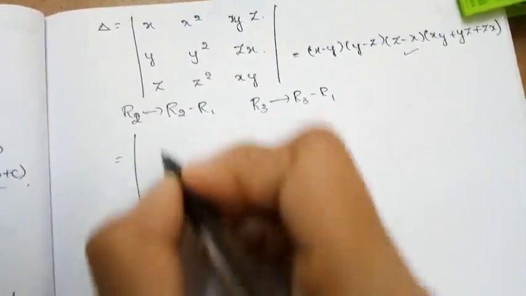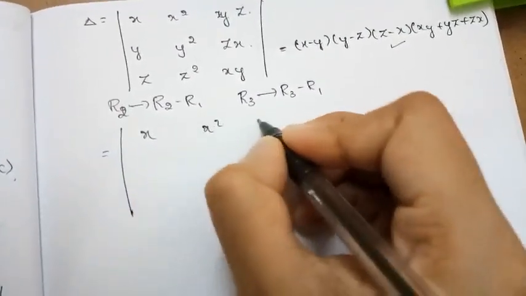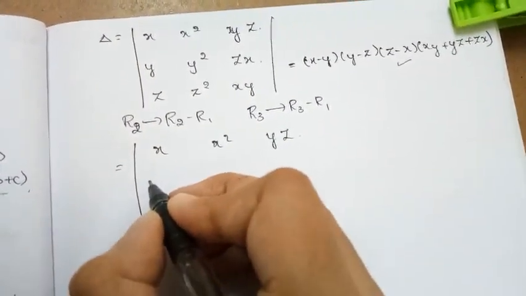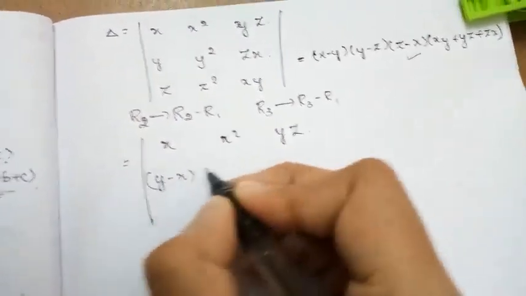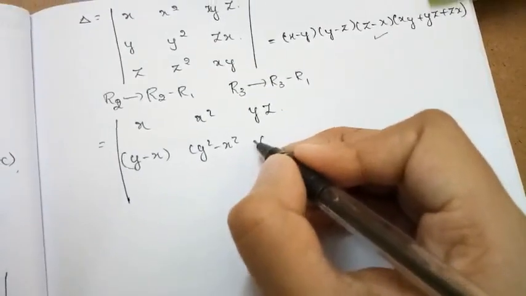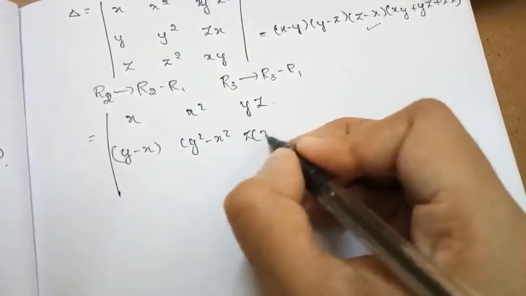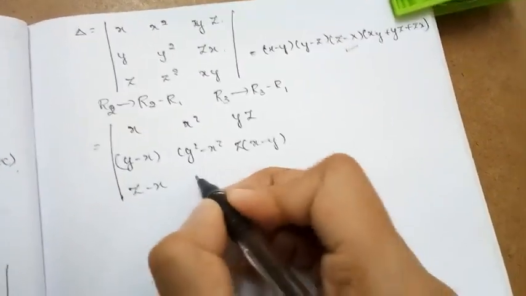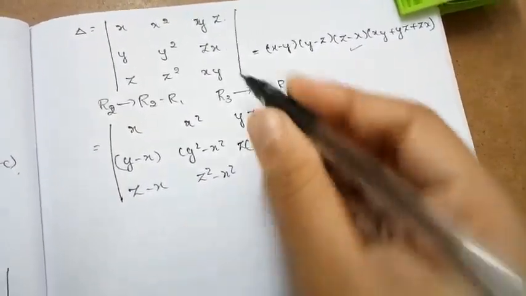So what are we going to get? x square, yz, there is no change in the first row, but in the second row y minus x, and here y square minus x square. From here if I take z common outside, x minus y, and here z minus x, z square minus x square.